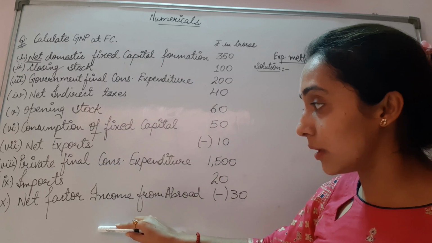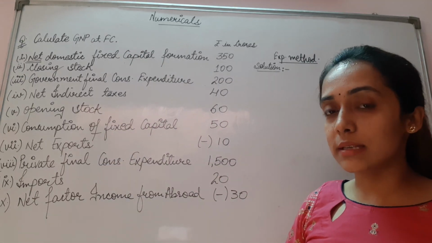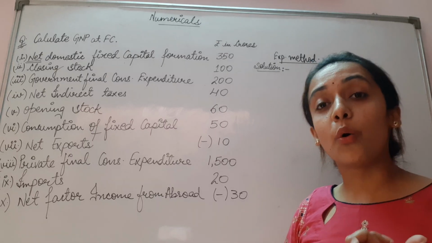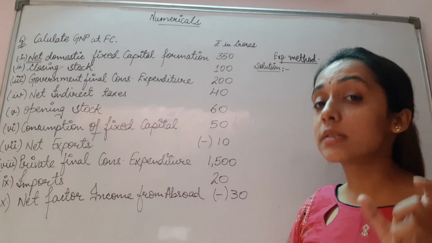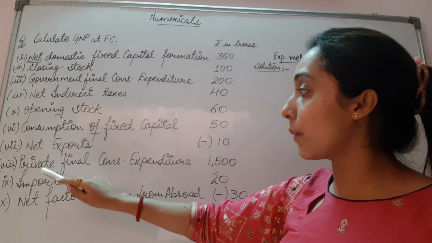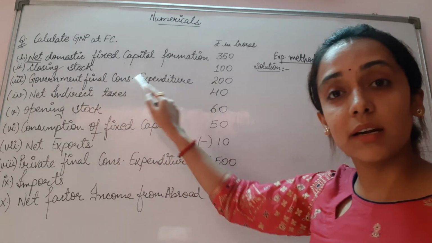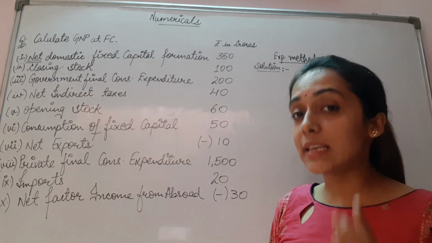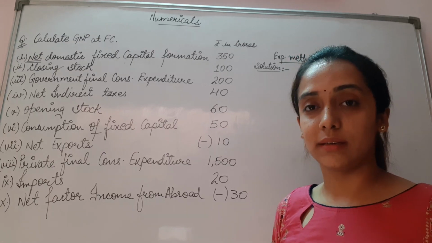Here in the question we are able to see that neither COE is given, nor OS is given, nor MISE is given. So what particulars are given? Private final consumption expenditure, government final consumption expenditure, and these particulars are of expenditure method.